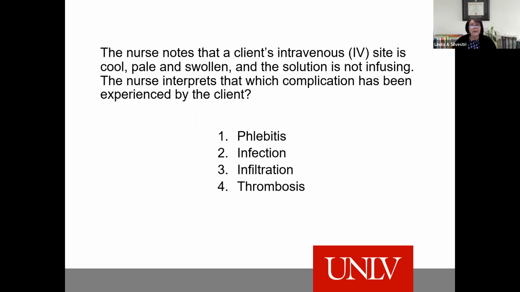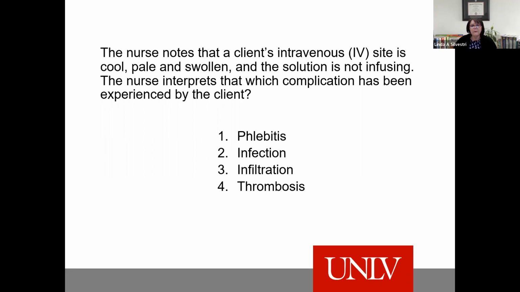So that's why the word cool will give you the tip that it's an infiltration. Phlebitis, we're going to see warm and red, okay? Thrombosis, we might see warm and red, but it's going to feel hard, kind of cord-like, so that would be a thrombosis. Infection, we know signs of infection, redness around the site, would be our most typical finding with that.